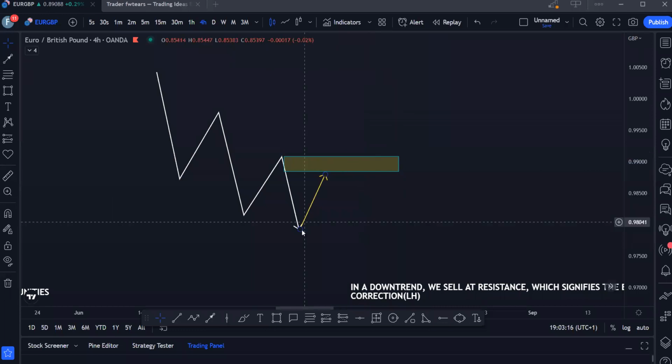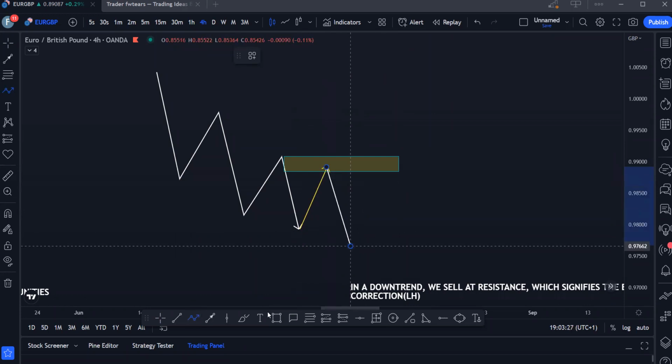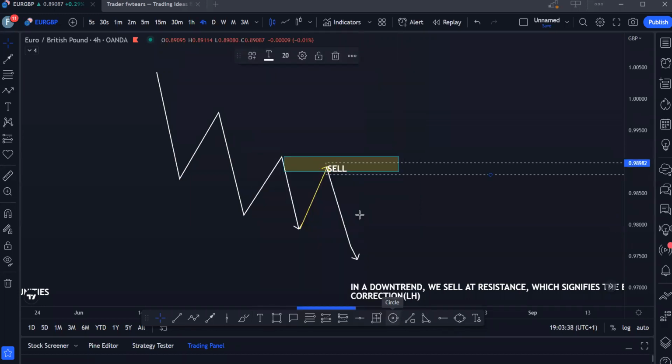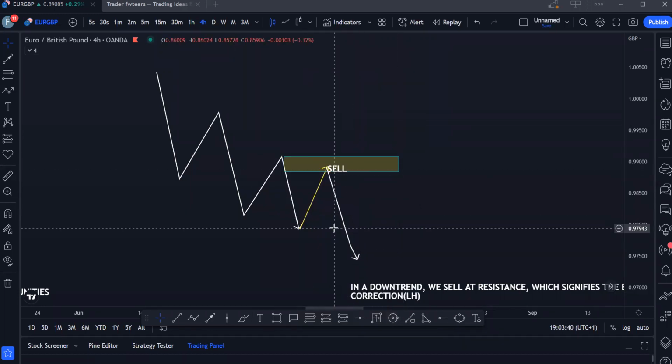When price makes a correction into a resistance, you want to look for sell opportunities. So over here is where you look for sells, which would be your lower high in this case.